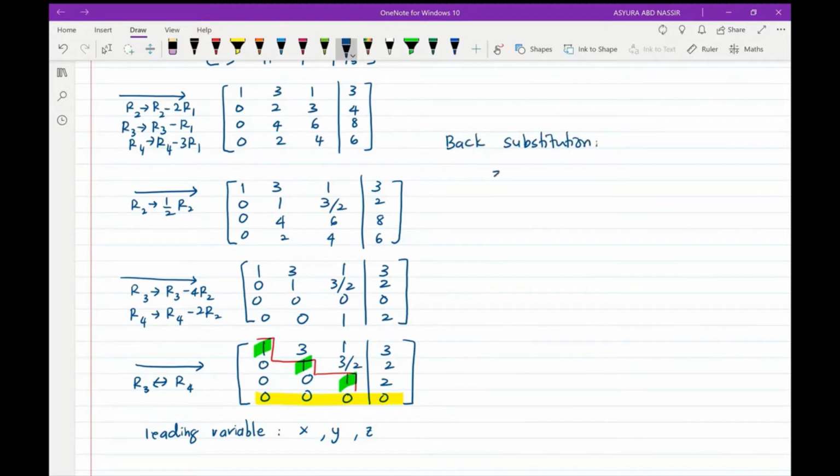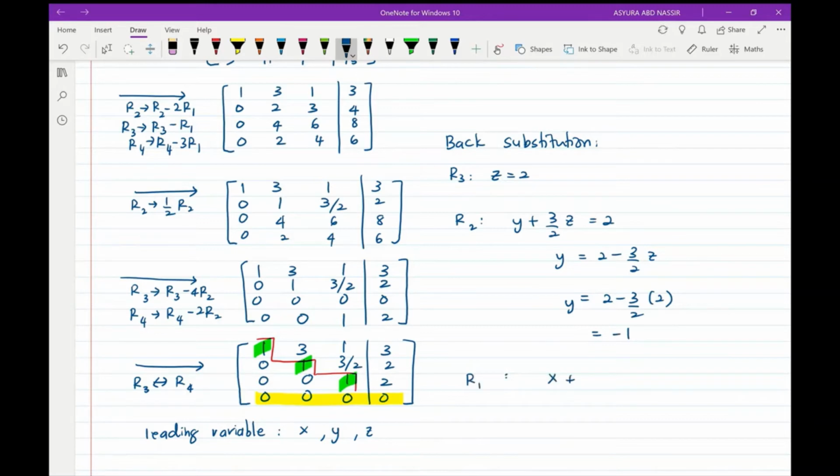We have z is 2 from row 3, and then in row 2 we have y plus 3 over 2 z is 2. So y is 2 minus 3 over 2 z. Y is 2 minus 3 over 2 times 2, which equals negative 1. And for row 1, you have x plus 3y plus z equals 3.